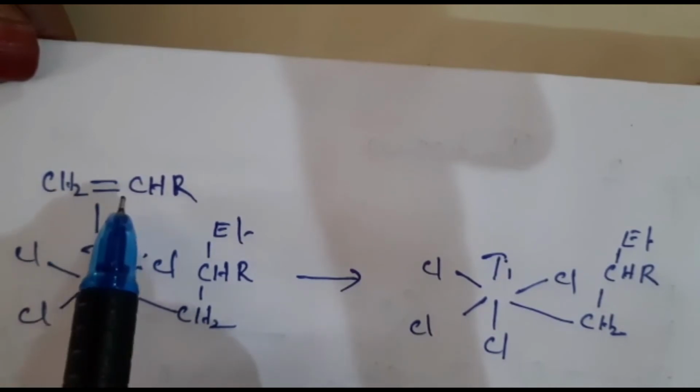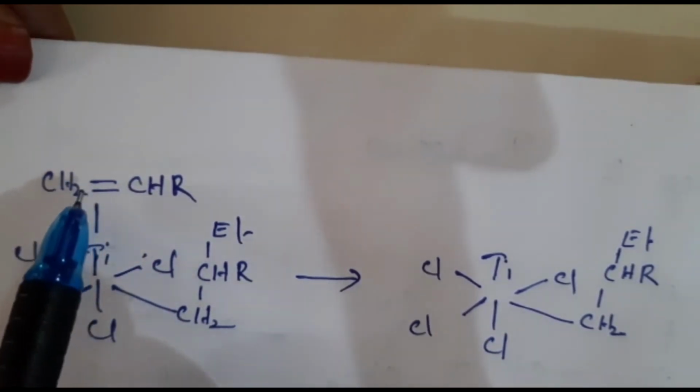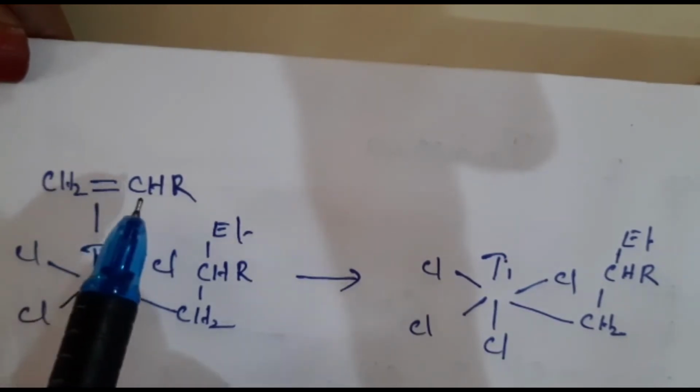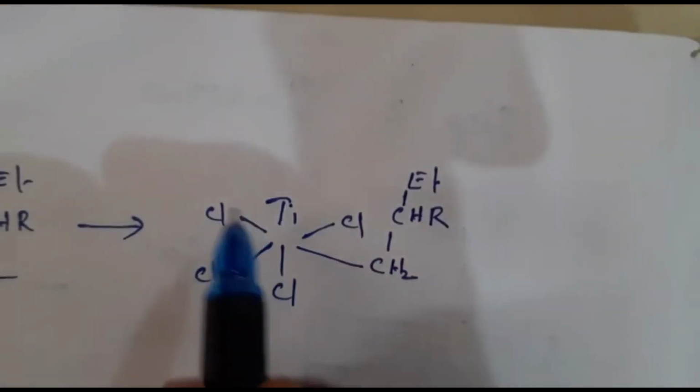This double bond will be broken and this CH2 will attach towards this titanium atom. Then this double bond will become a single bond, so this CHR will be attached towards this CH2. So it will be like this.